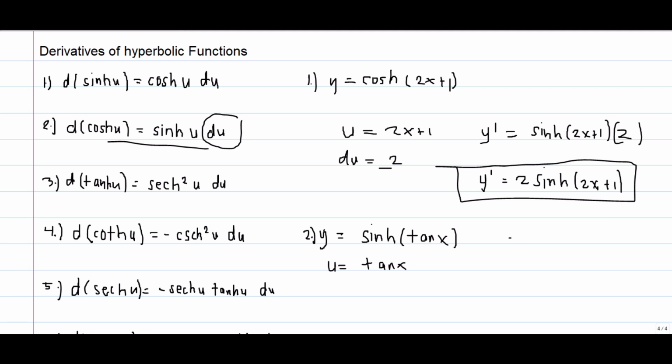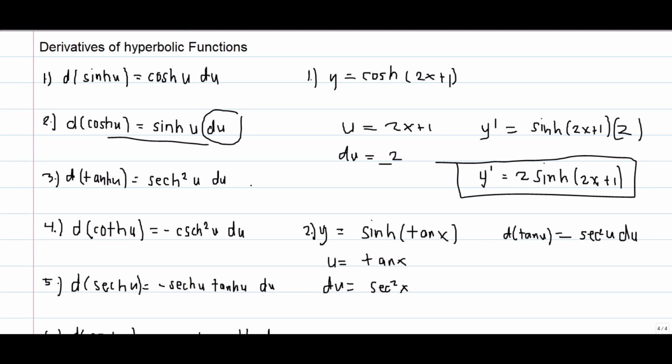The derivative of tan u is equal to secant squared u du. Therefore du here is equal to secant squared x.